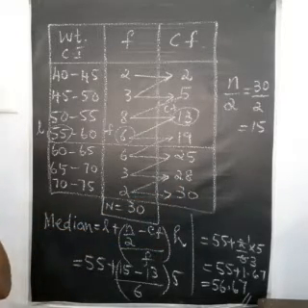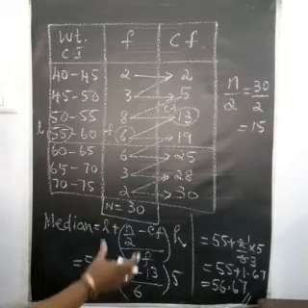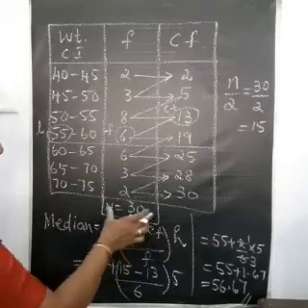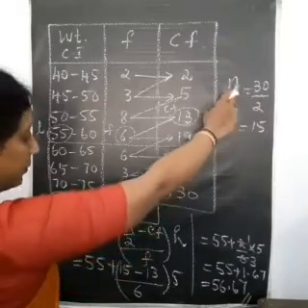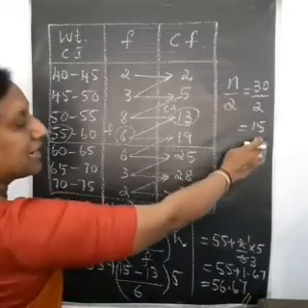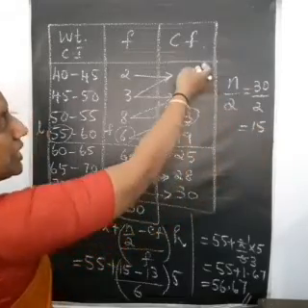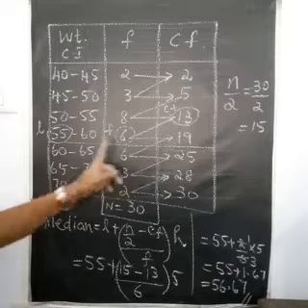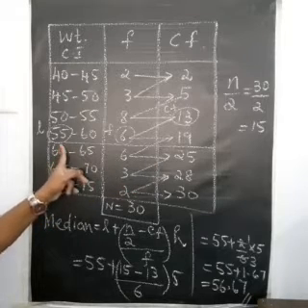Then I have to select the median class. I found the total frequency, which is n, then I found n by 2. Then I saw where n by 2 existed in the cumulative frequency and selected the median class.